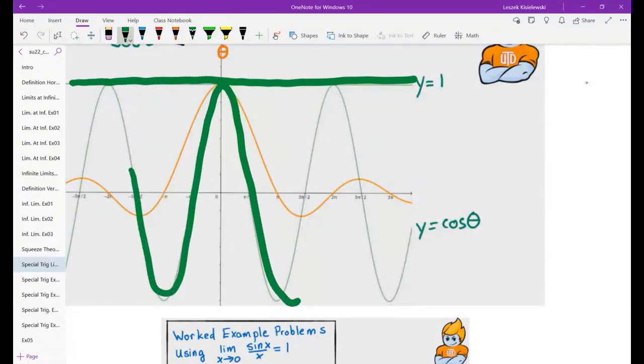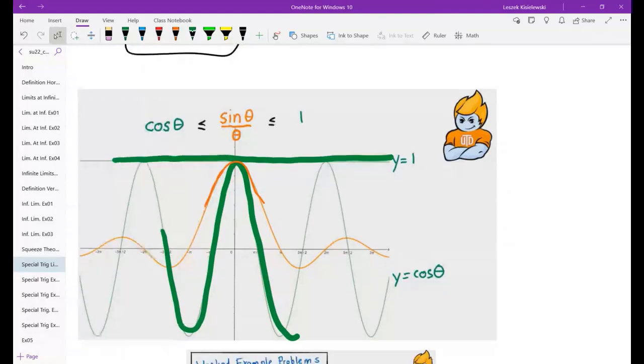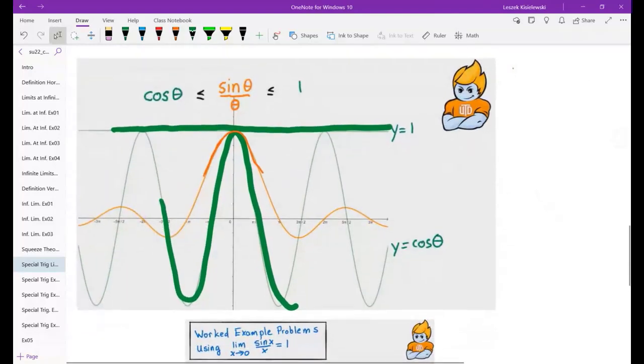So at least near x equals 0, we see that our function is sandwiched in between the other two. And from the picture, we see that as theta goes to 0, all right, the sandwich theorem says we next take the limit of everything.